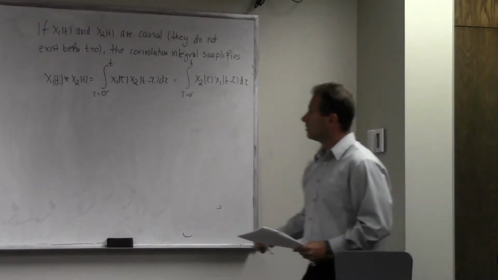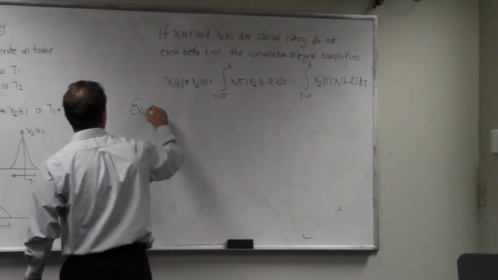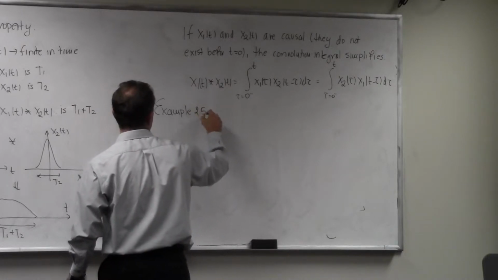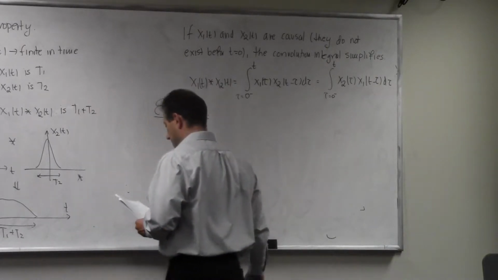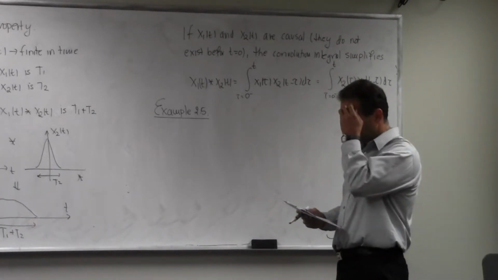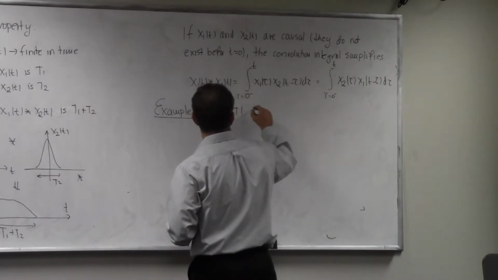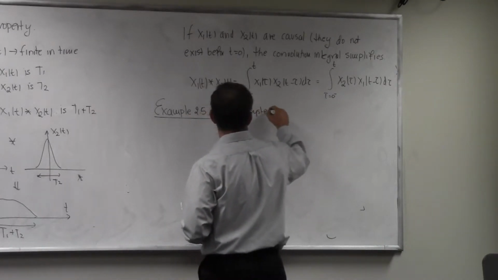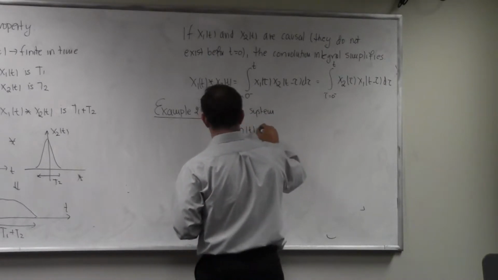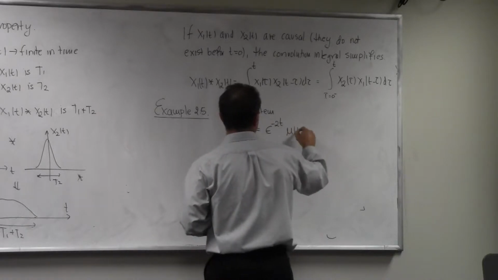So let me work through an example here that illustrates some of these properties. I'm looking at example 2.5, and I have a linear time invariant system with an impulse response, h of t, given as e to the minus 2t u of t.